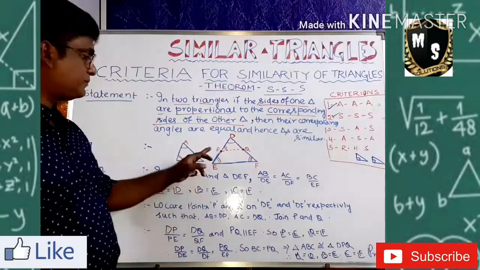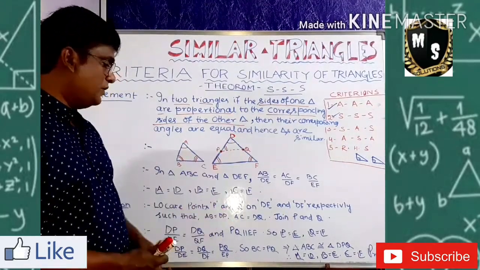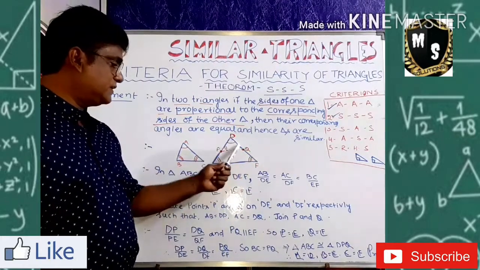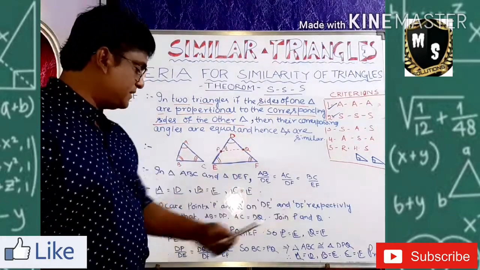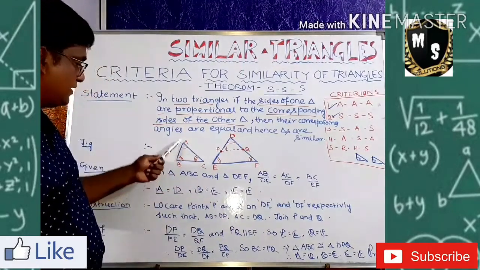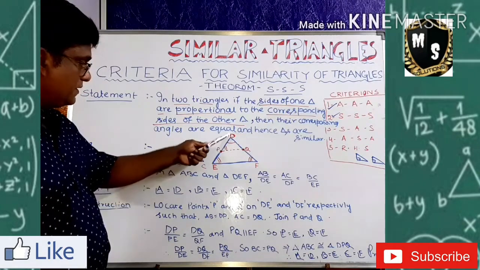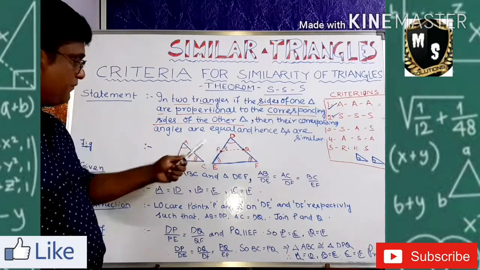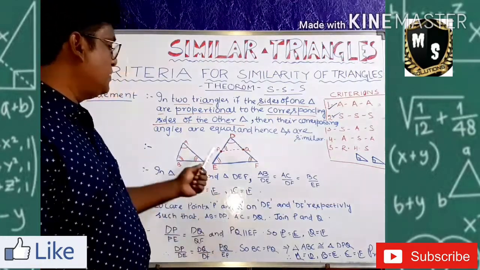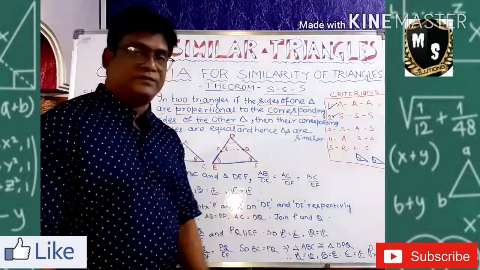Locate the points P and Q on DE and DF respectively, such that AB is equal to DP, that means A to B is equal to D to P, and AC is equal to DQ. Join P and Q.